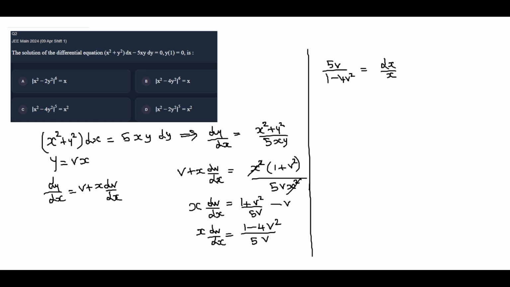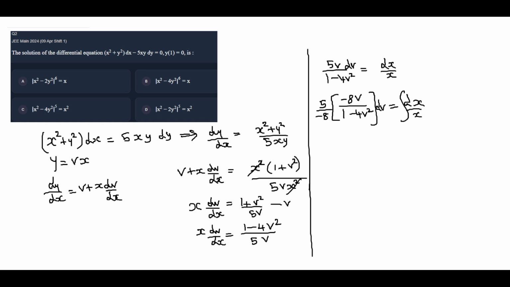So if you differentiate 1 minus 4v square, you get minus 8v. I take 5 as common, so multiply and divide by 8, minus 8. So minus 8v, here minus 8, I am putting it here, over (1 minus 4v square) into dv, sorry I missed dv here, equal to dx by x.